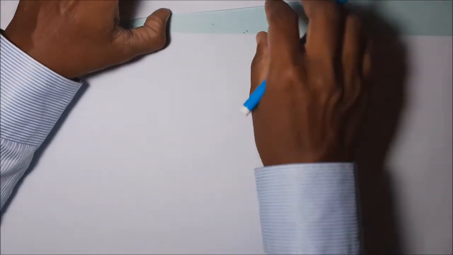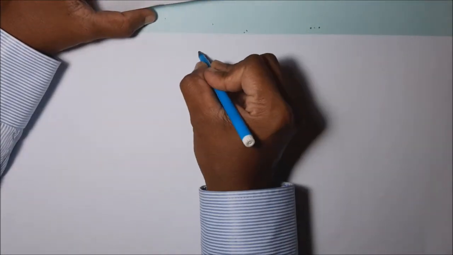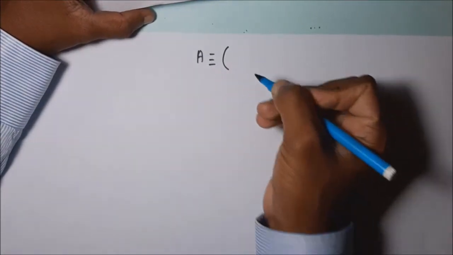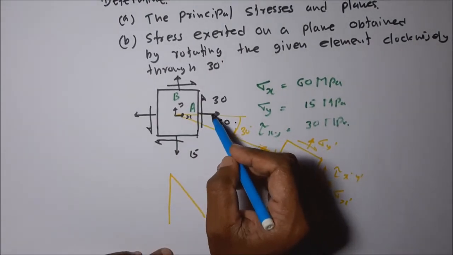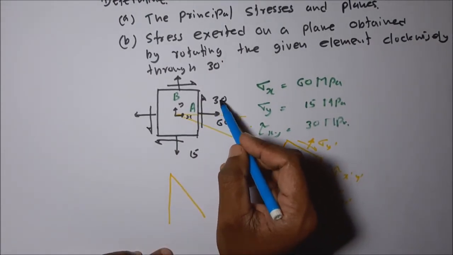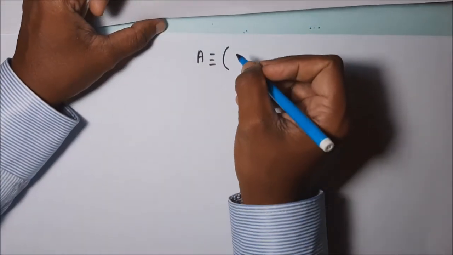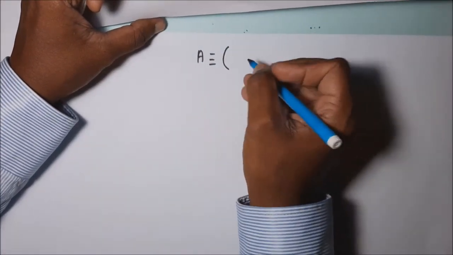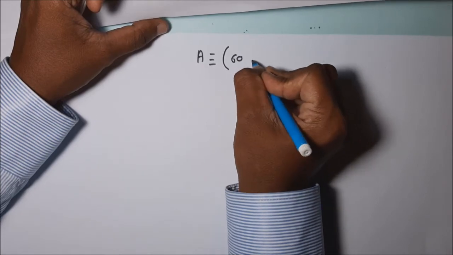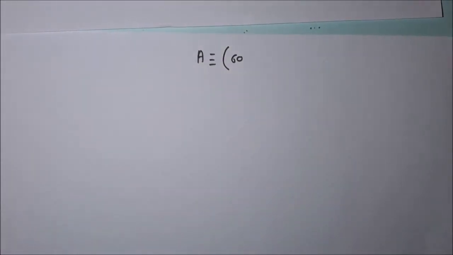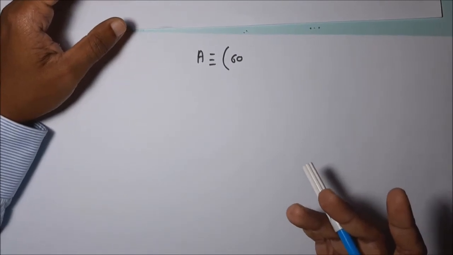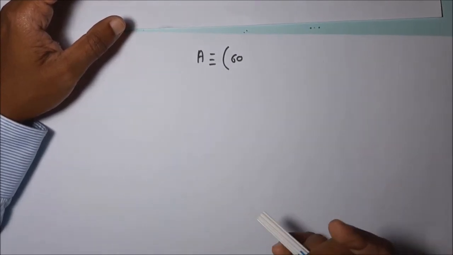What is the coordinate of A? When drawing the Mohr circle diagram, we have to follow certain steps.